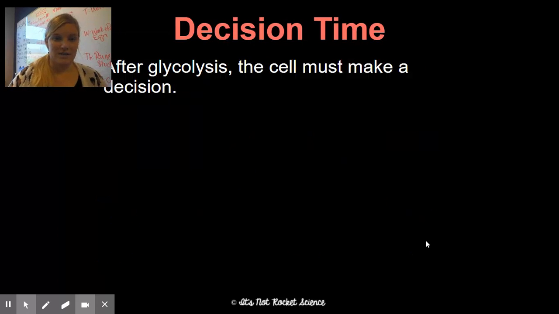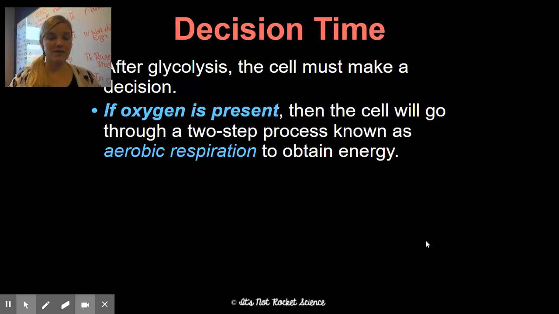So from here, we have to make a decision. If the cell has oxygen, so like our cells get oxygen because we breathe it in, then the cell is going to go through a 2-step process called aerobic respiration. So think of aerobic like if you're doing an aerobic workout, you're doing jazzercise, you got some cool sweatbands on and like some 80s outfit or whatever. That means that you're breathing to obtain energy.